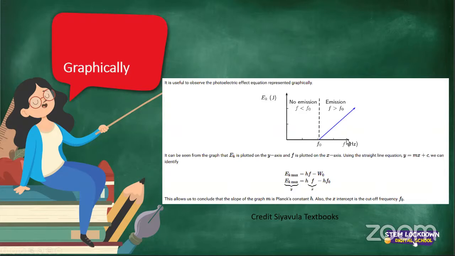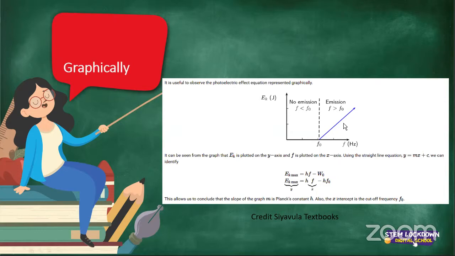Anything below this will cause no electron to move, no matter how intense that light is. So it's very important to know the difference between frequency and intensity. Intensity just means how much light you're shining onto the surface. Frequency is the thing that changes it.